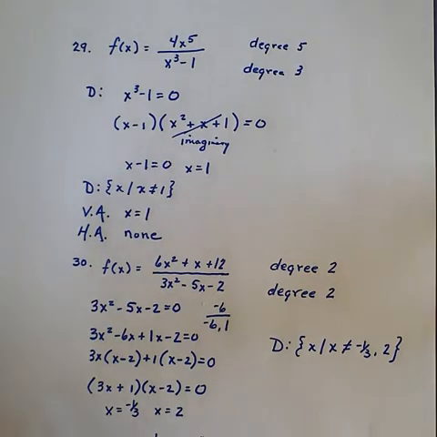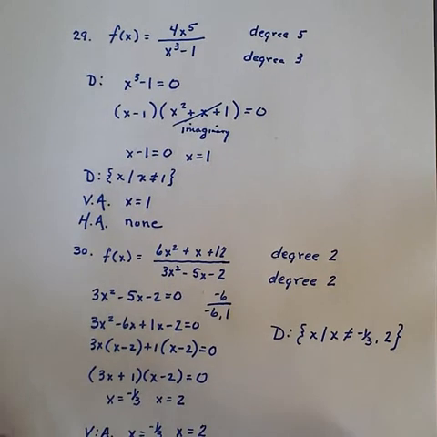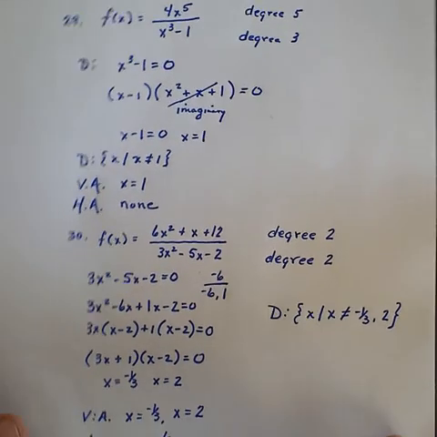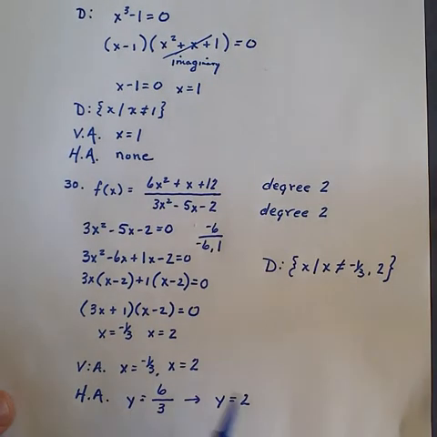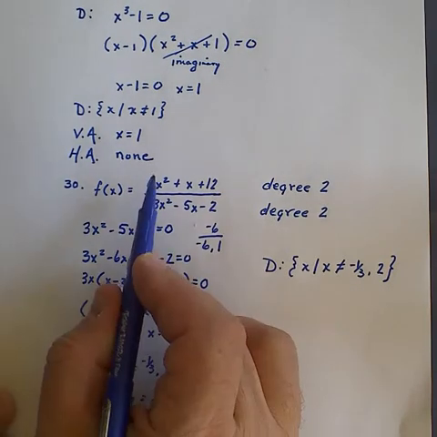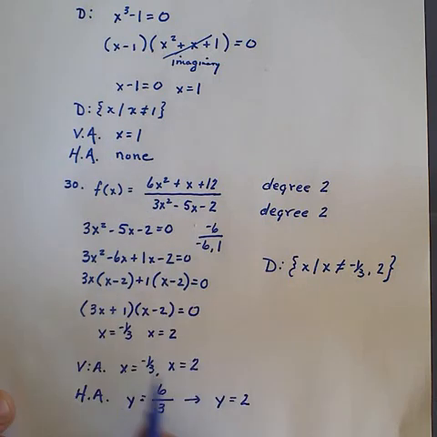So I have vertical asymptotes at -1/3 and 2. And then I have a horizontal asymptote at, oops, sorry, it'd be nice if you could see that, wouldn't it? The horizontal asymptote, using these numbers up here, 6 over 3, you get y equals 2.